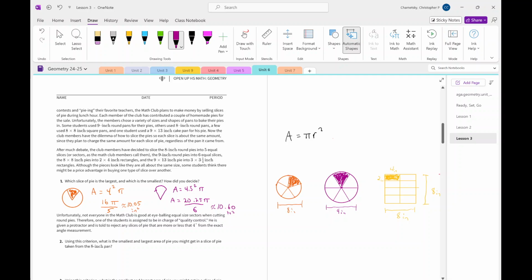Now, the nice thing about our rectangle cakes, those are easy to calculate the area. The yellow one here, this is just a 2 by 4 inch. So multiplying length by width, we're going to get 8 inches squared.